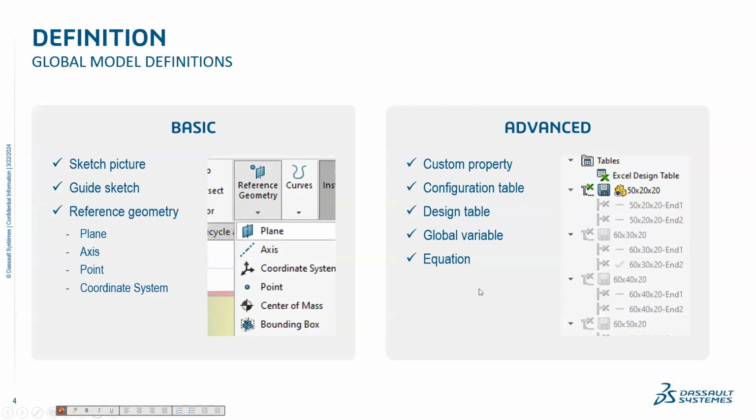When we're talking for definitions, then we have the basic ones, as I said, the sketch picture, the guide sketch, reference geometry. And then we have the advanced ones, which are custom properties, configuration tables, design tables, global variables, and equations.